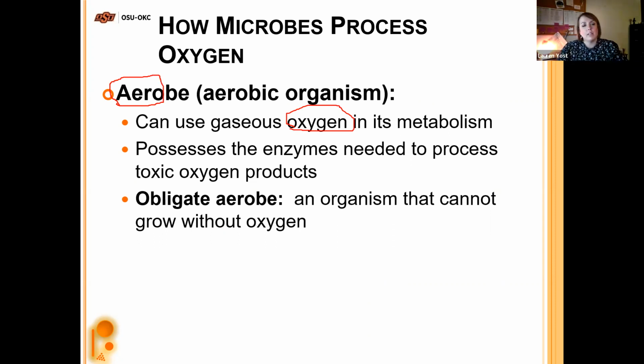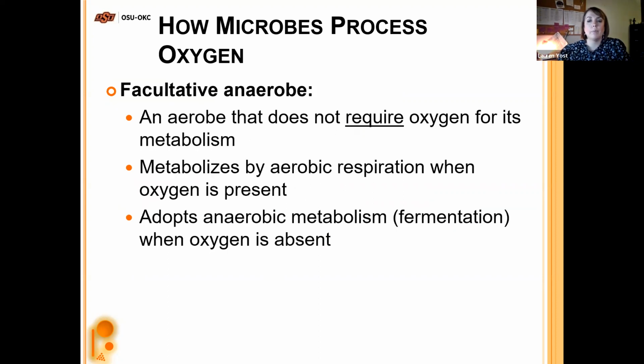So they have enzymes to deal with those toxic byproducts. Obligate aerobes, they're obligated. If you're obligated to take the trash out, you have to take the trash out, Mom said. So obligate aerobes have to have oxygen. They cannot grow without oxygen.